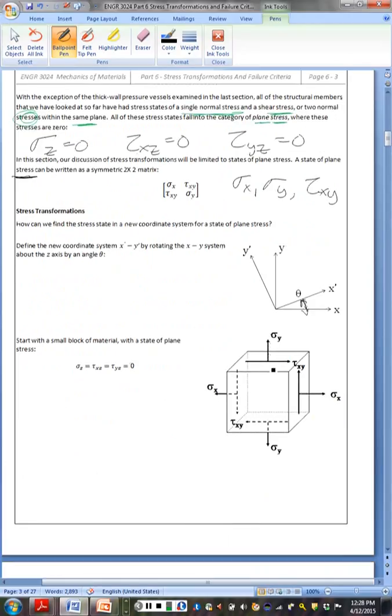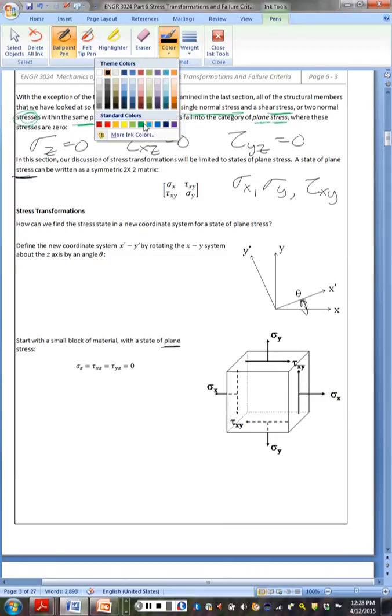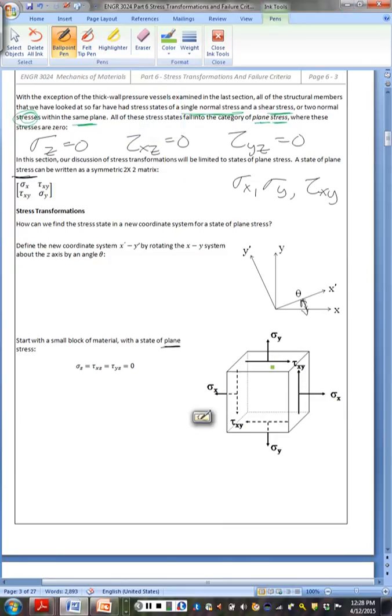And we come back to our block of material that is in plane stress. So we have a single shear stress, our tau xy, also on the corresponding bottom and left face. We have a normal stress in the x direction, and we have a normal stress sigma y in the y direction. The plane stress says that the rest of them are 0.